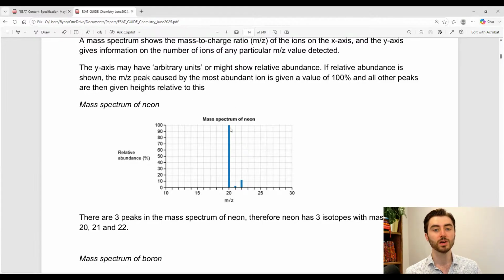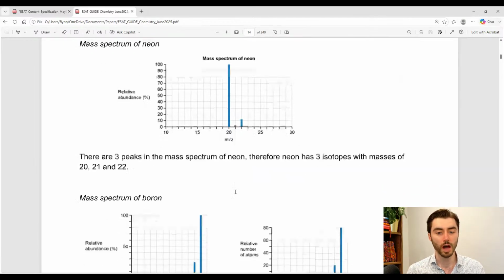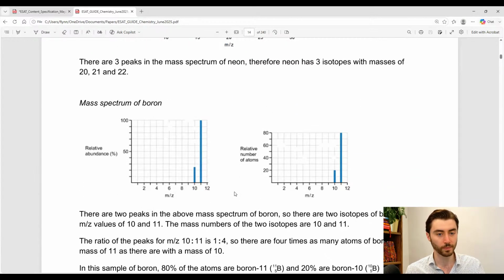Got it. So relative to the 20, I'd call that about 13% on 22, and maybe about 3% on 21. And this would give you the relative abundance of these isotopes of neon.